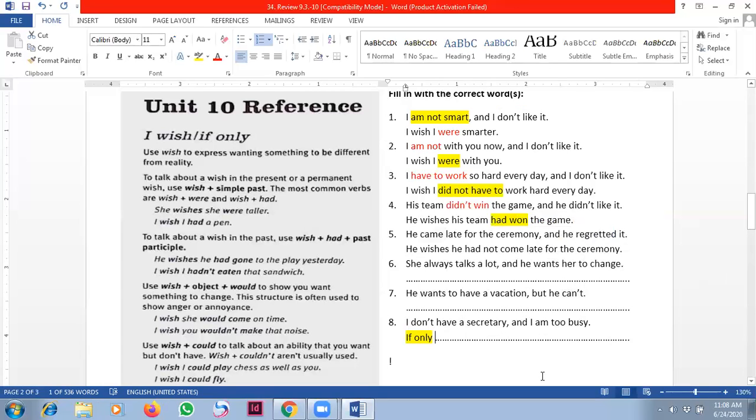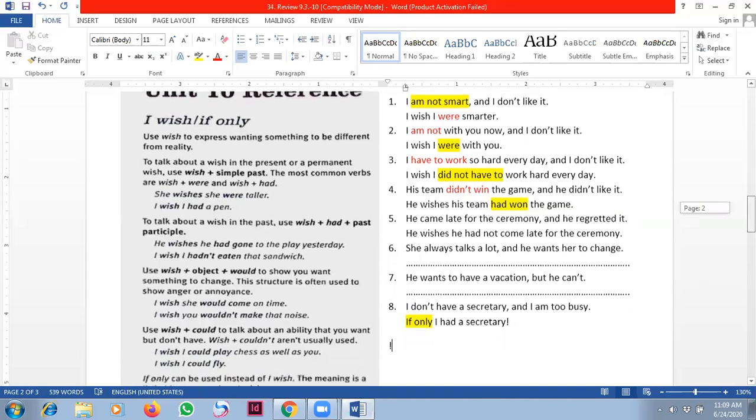And then you say, "If only I had a secretary!" and you put an exclamation mark. So this is what you are going to do in this wish and if only. Quite clear? All right, let's move on.